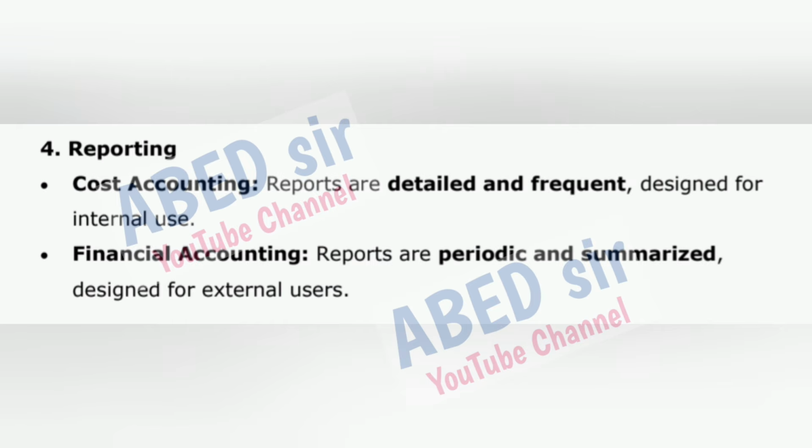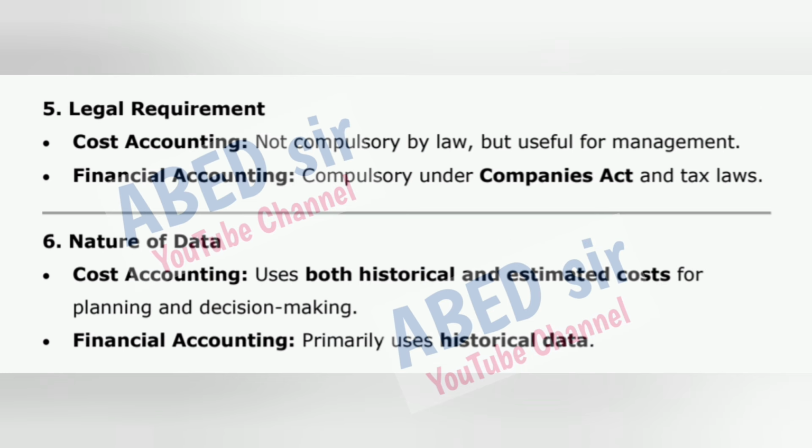Financial accounting reports are periodic and summarized, designed for external users. 5. Legal requirement. Cost accounting, not compulsory by law, but useful for management. Financial accounting, compulsory under Companies Act and tax laws. 6. Nature of data. Cost accounting uses both historical and estimated costs for planning and decision-making. Financial accounting primarily uses historical data.